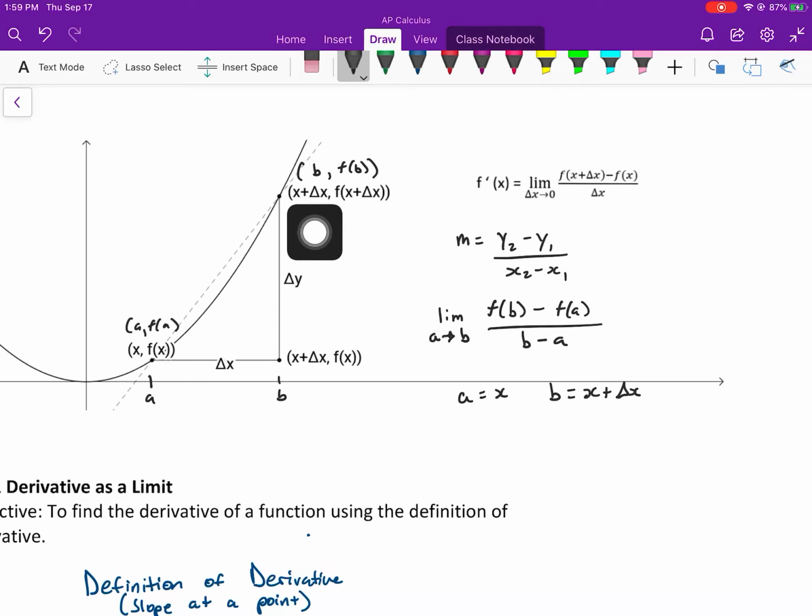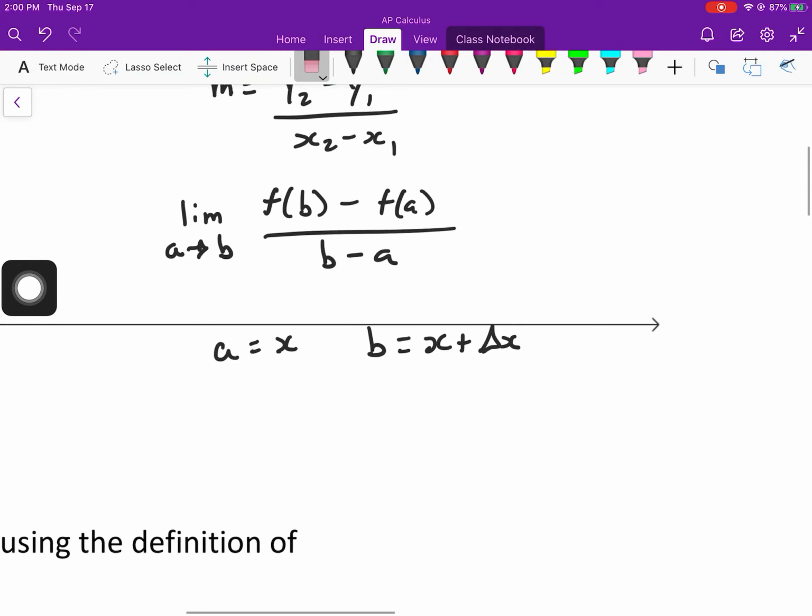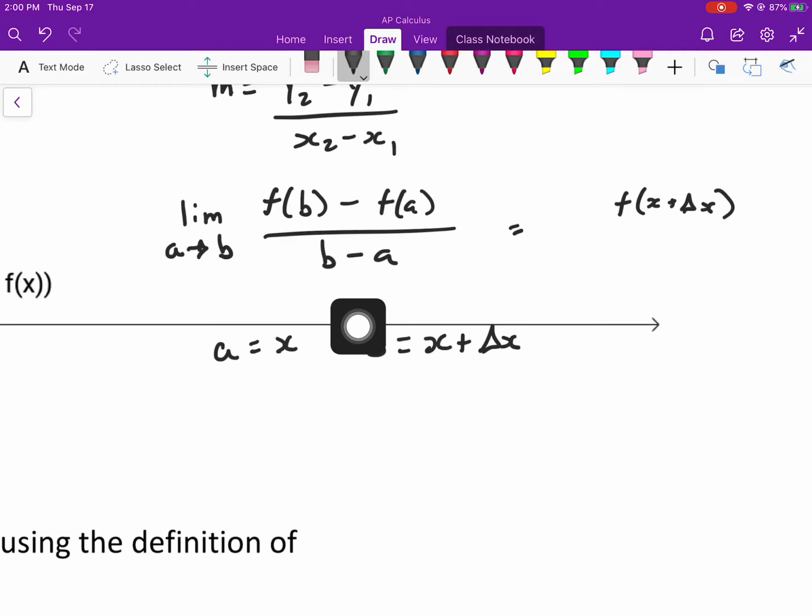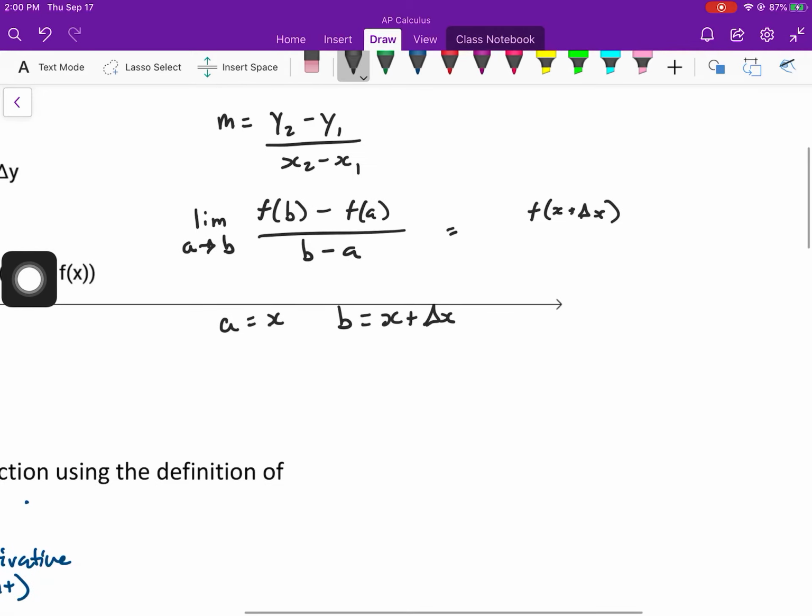In their case, they're calling it delta x, meaning change in x, right? So it's the same idea. This is just x, some number, and then this is that same number plus something else. And so I'm just going to substitute that right into that difference quotient. So we'll have f of x plus delta x, that's for b, minus f of a, well, we changed a to x, didn't we?